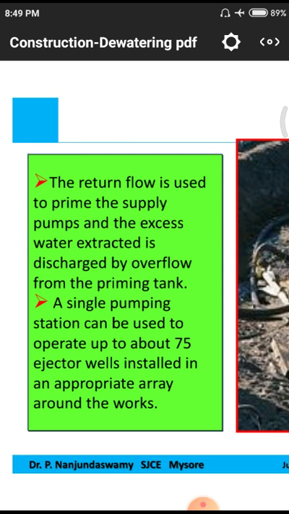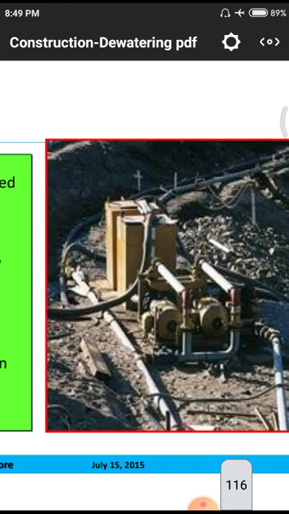A single pumping station can be used to operate above 75 ejector wells installed in an appropriate array around the works. That means the return flow is used to prime the supply. Here we are having a main pipeline system and another prime supply line system. The major work of the main pipeline system is to draw down the water from the groundwater system.